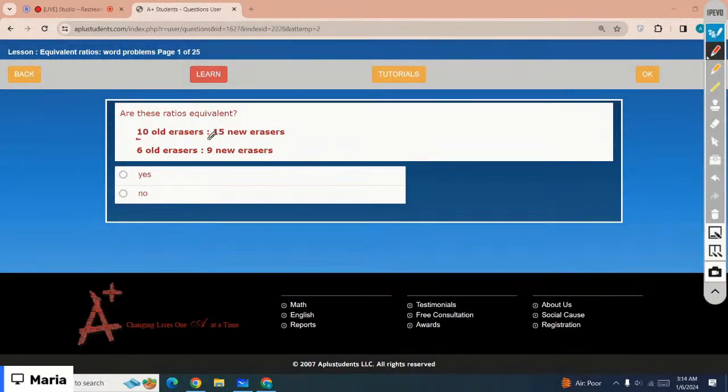So you have 10 to 15. You can write 10 divided by 15 equal to the other one, because you need to see if they are equivalent, right? That is 6 to 9. Just do cross multiplication. Do 10 times 9 and 15 times 6. See if they are equal. 10 times 9 is 90 and 15 times 6 is 90.